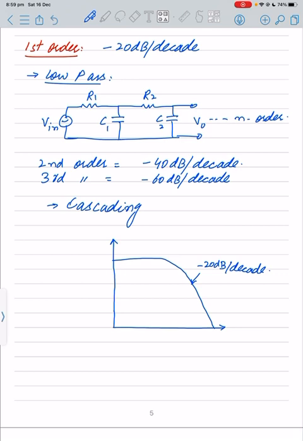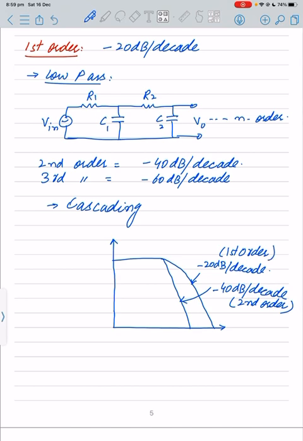But in case of our second order, we will be getting a much faster response over here, and that one will be minus 40 dB per decade for second order, and this one was for the first order filter.